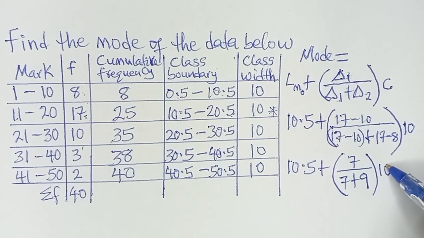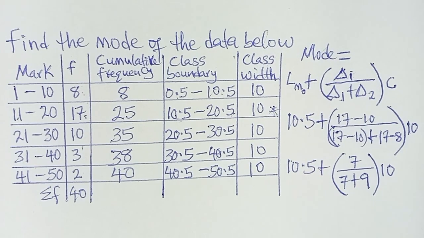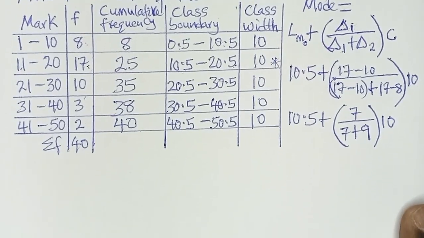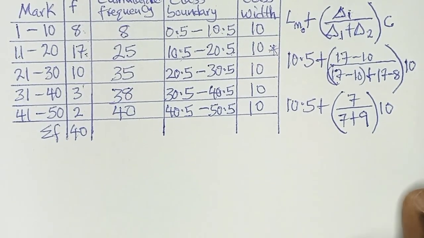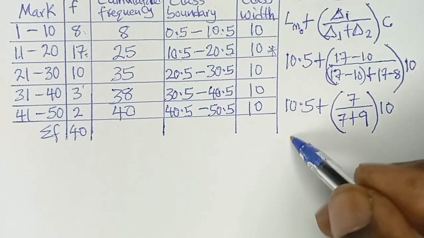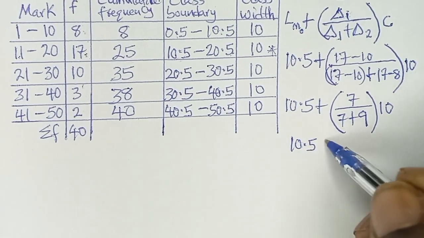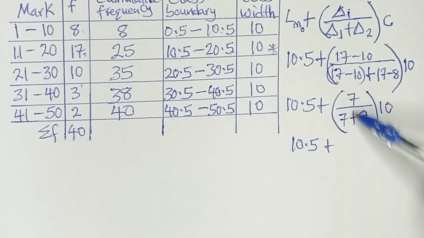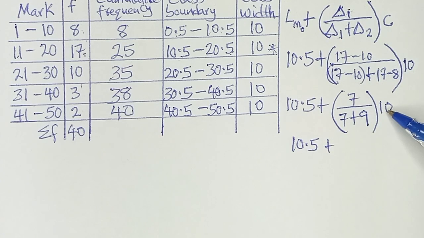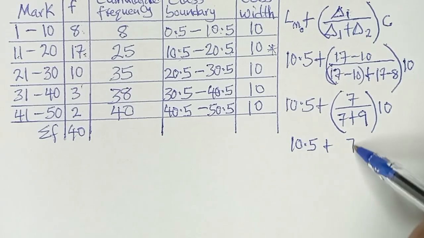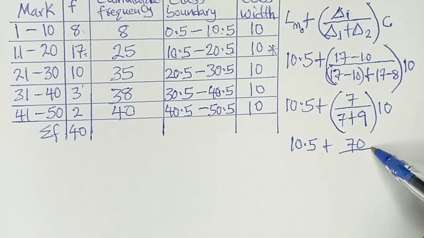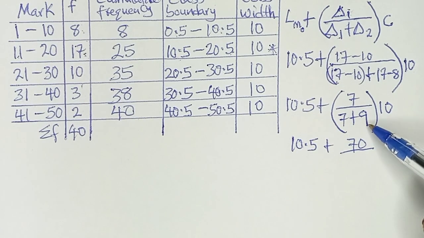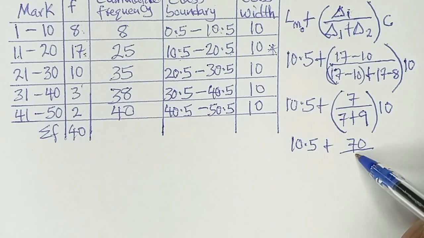That is the class width. So I can go on now and simplify it again to get 10.5 plus this 7 multiplied by 10. Don't forget, this 10 is multiplying what you have inside this bracket. So 7 multiplied by 10 will give us 70, and then all over 7 plus 9 will give us 16.